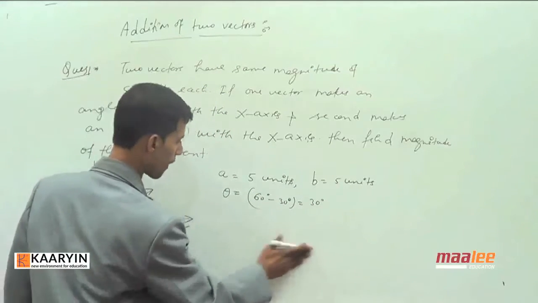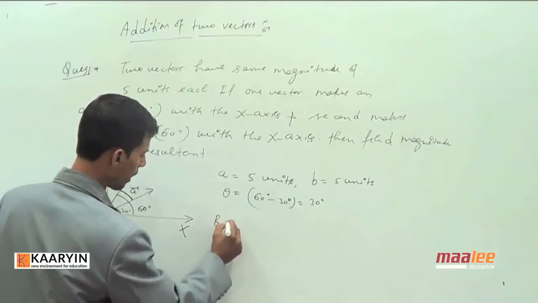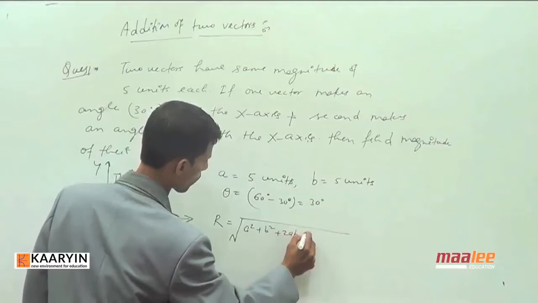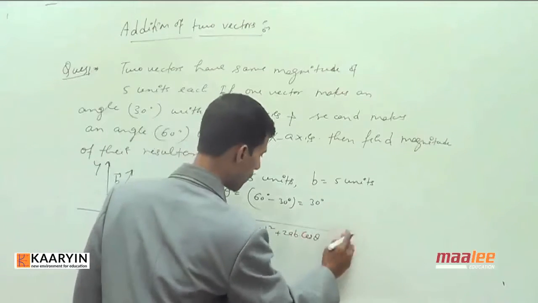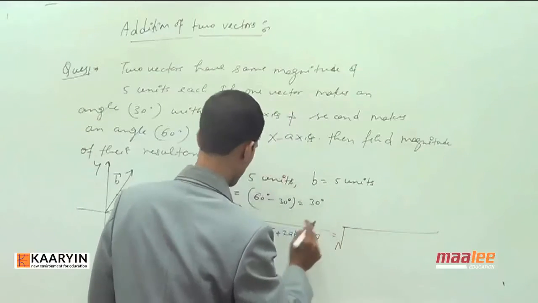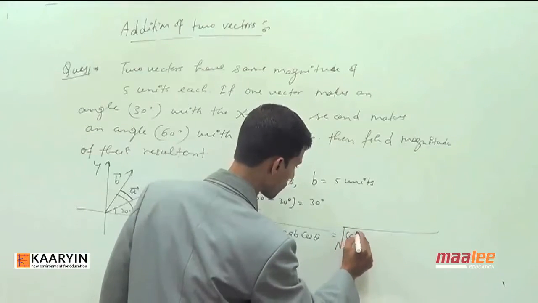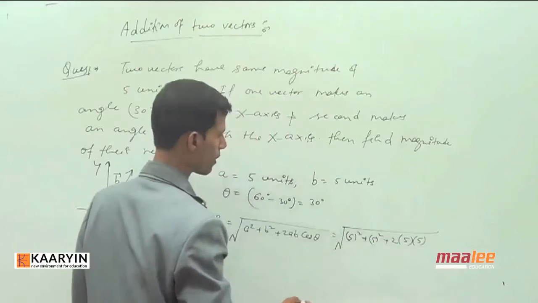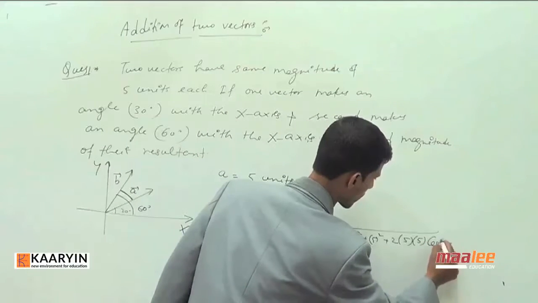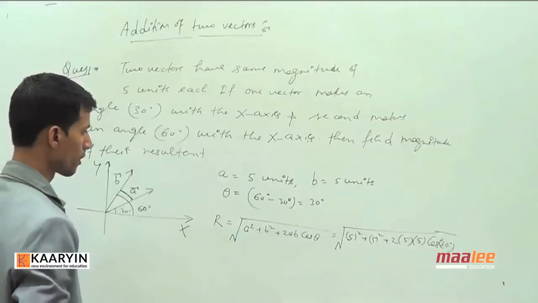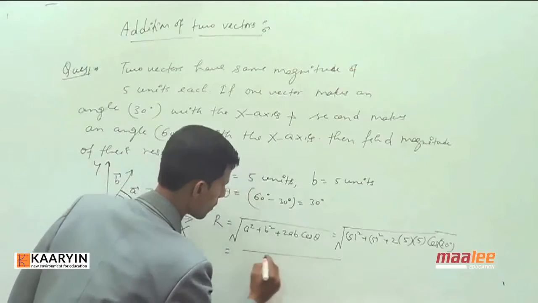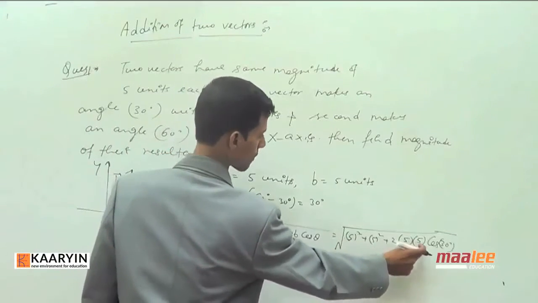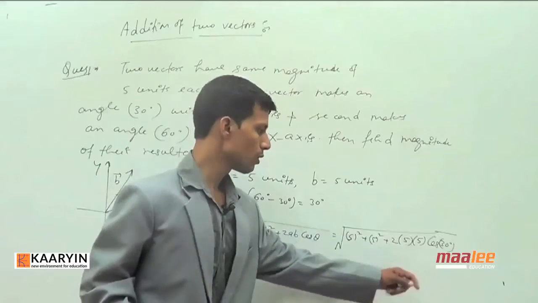Now we know the formula to find the magnitude of the resultant. R becomes the root of A square plus B square plus 2AB cos theta. Applying this formula, A square is how much? 25, 5 square is 25, again 5 square, 2 into 5 into 5 into cos of 30 degrees. So it becomes the root of 25 plus 25 plus 50 times cos 30, which is root 3 by 2.